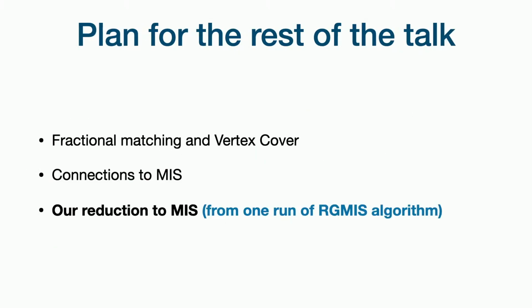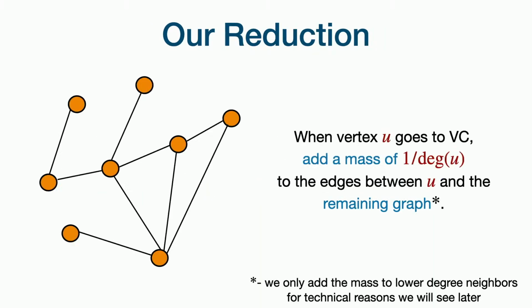All right, so I'm just going to quickly say how we construct the matching, which with just one run of the algorithm can construct the matching instead of running it n times and then taking the average. This is what we do. We select a random vertex to put it in the independence set. And then these vertices will be added to the vertex cover. These are the vertices that are removed by this vertex.